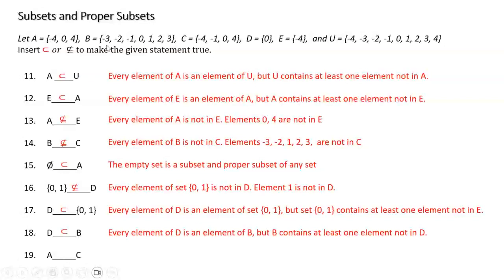Now 19, we have set A, which is the elements -4, 0, 4, and we have set C, the elements -4, -1, 0, and 4. So this will be the first symbol, right? Because A is a proper subset of C, because every element in A is also in C, and C contains another element, which is -1. Okay. And again, this is straight up the homework.